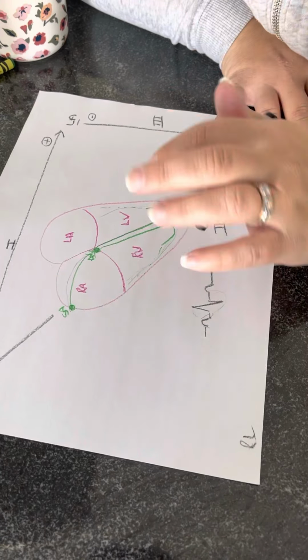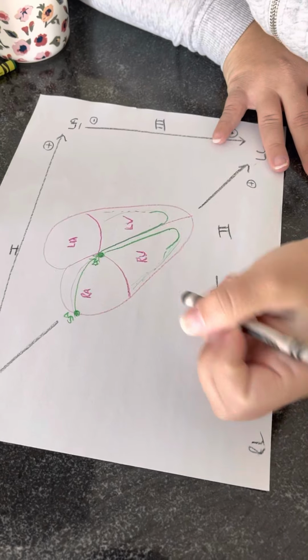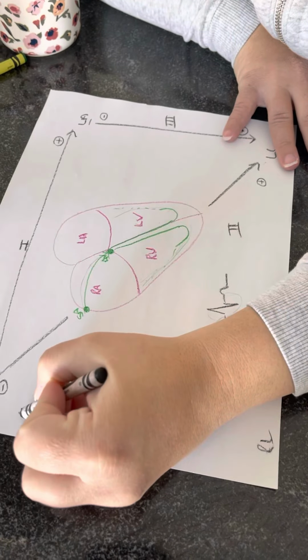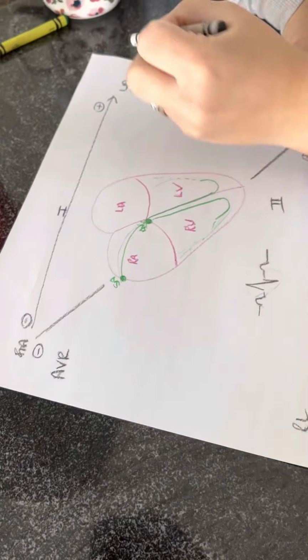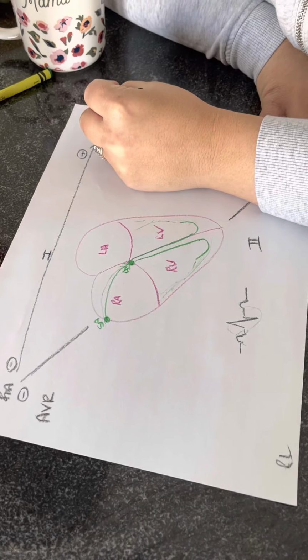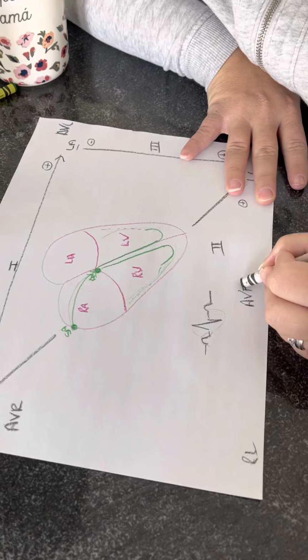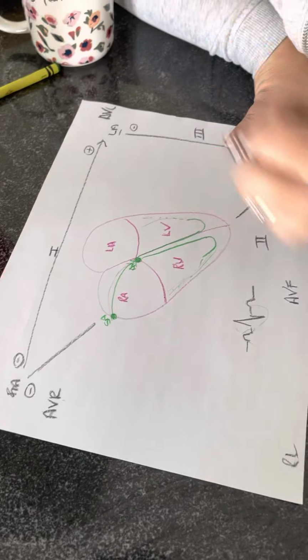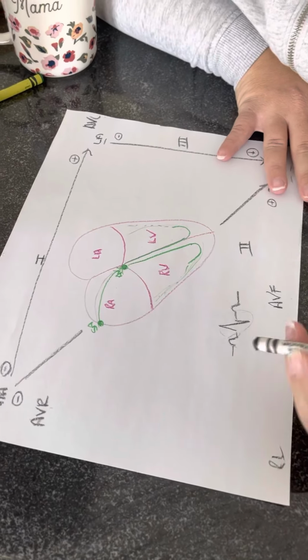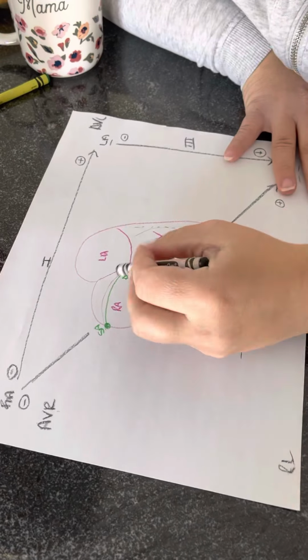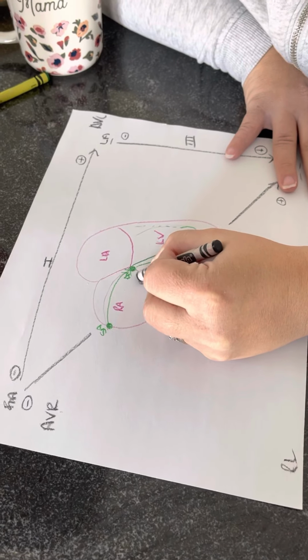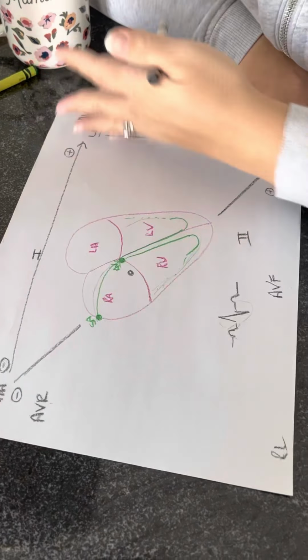The other leads that you're looking at with an EKG are the AVR, AVL, and AVF. So right, left, and foot. Now, these read from a center point on the inside of the heart, right?